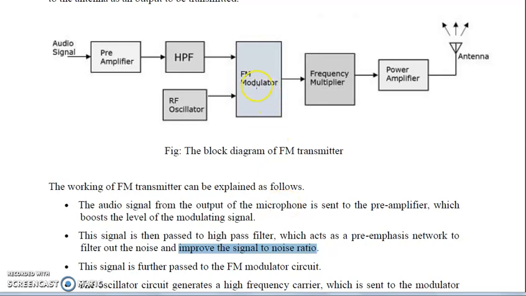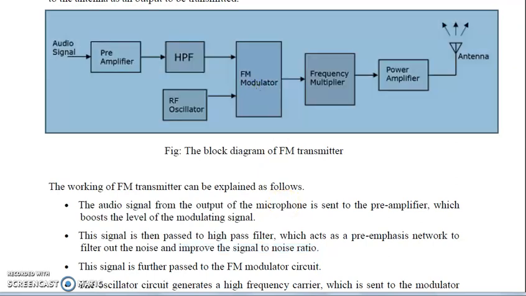From the high pass filter, the strong modulating signal is the input to the FM modulator, and we know that in a frequency modulator there are two inputs, the message signal and the carrier signal. This is the radio frequency oscillator which locally originates the carrier signal, and in the FM modulator the message signal and this carrier signal work together.